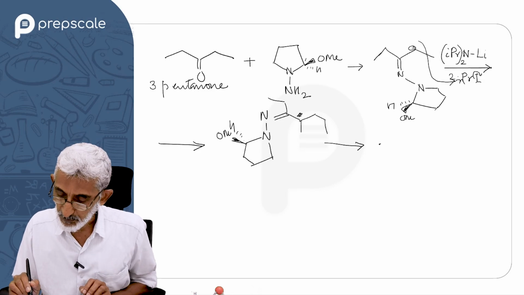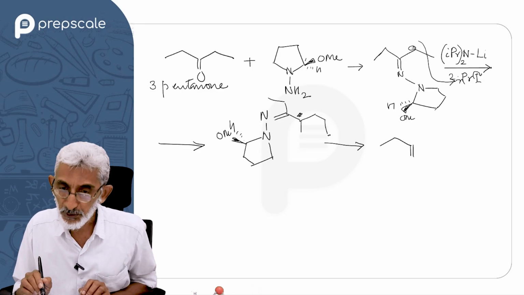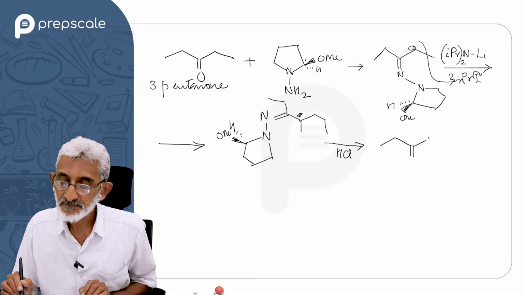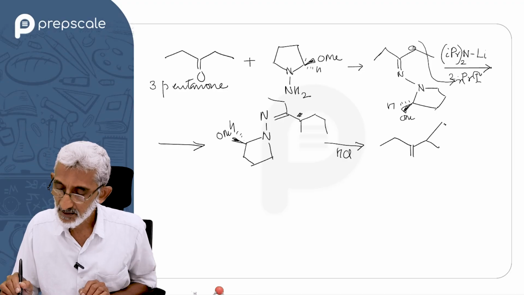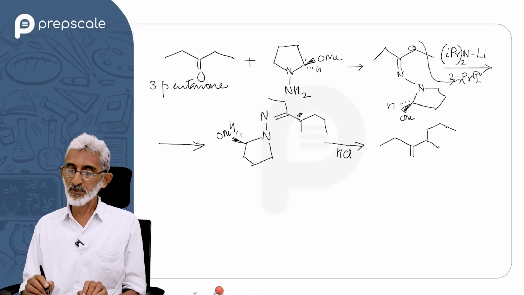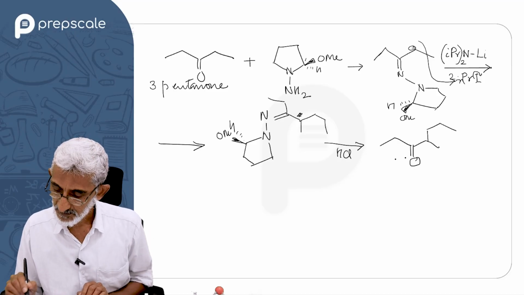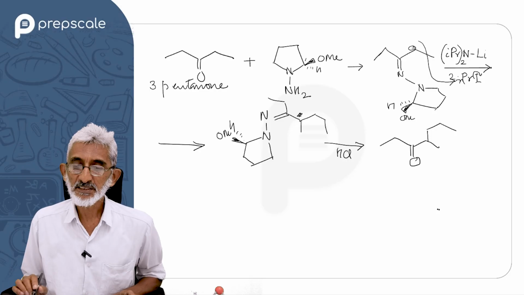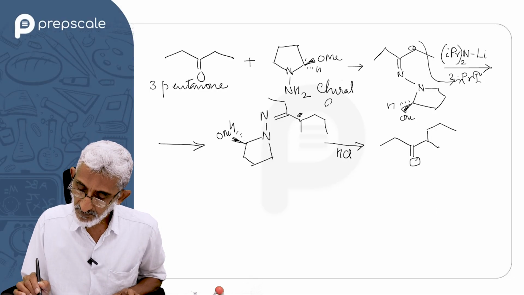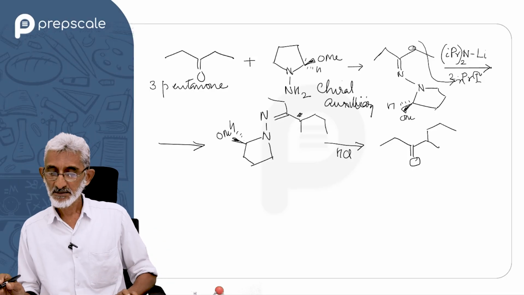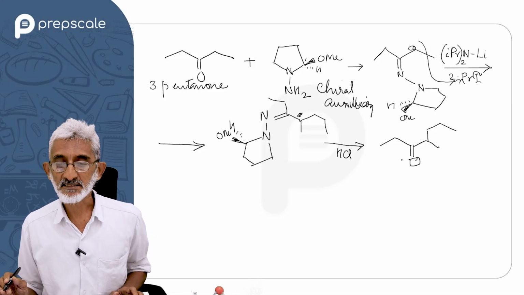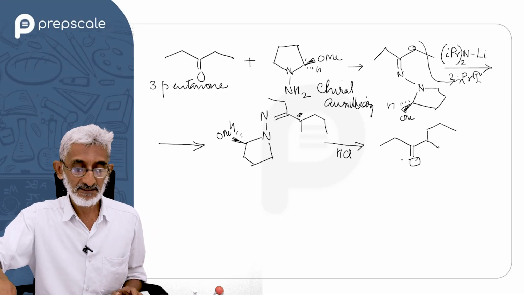So the product will be optically active. Now you hydrolyze this with HCl, and you get this product. Okay. So this is the use of a chiral auxiliary. This is called a chiral auxiliary. Okay, we'll stop at this point. We'll discuss the active reagents in the next class. Thank you.